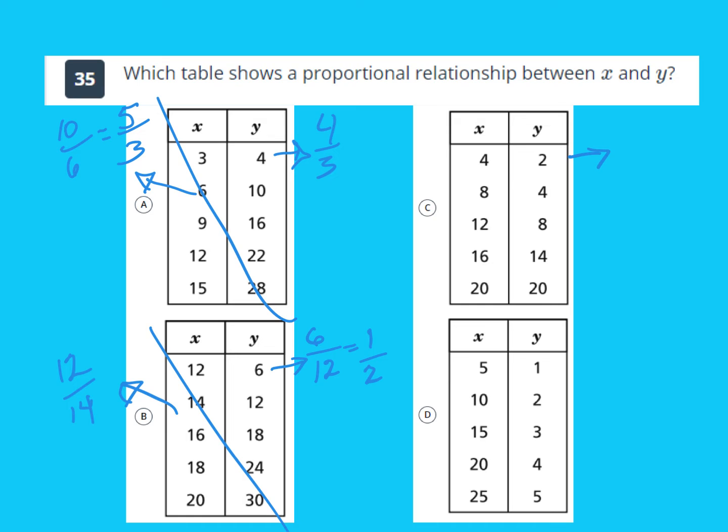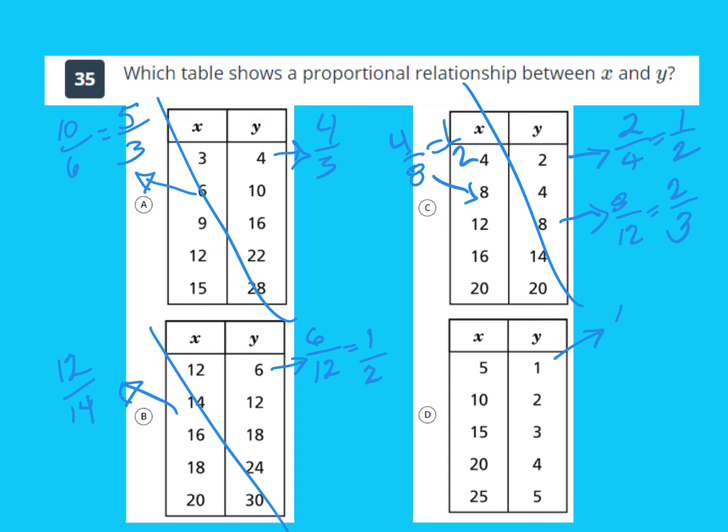Next, 2 fourths equals 1 half. 4 eighths equals 1 half. 8 twelfths is not going to equal 1 half. They share a factor of 4. 4 goes into 8 twice, and 4 goes into 12 3 times. Can't be C. I sure hope that it's D.